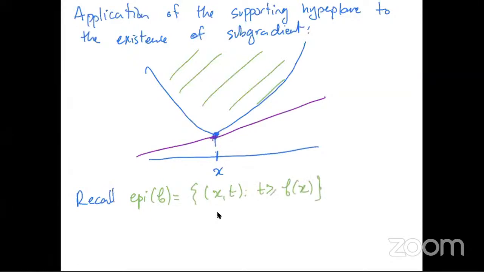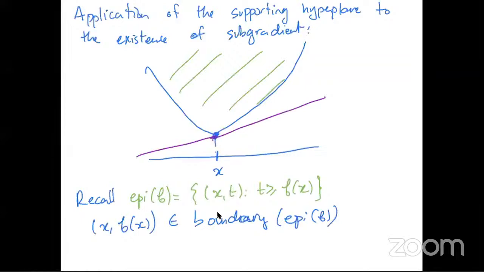This is the thing that you see in green here. Now I know that the point (x, f of x) lives on the boundary of this epigraph of f.